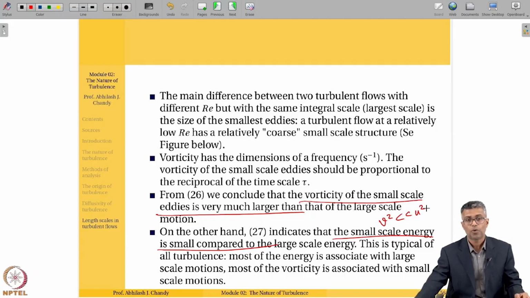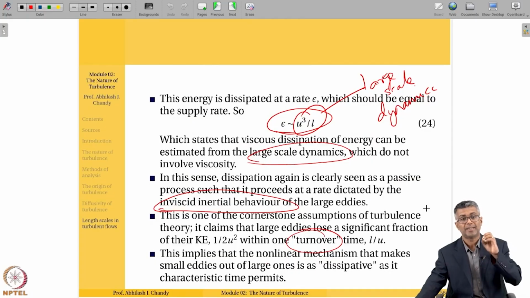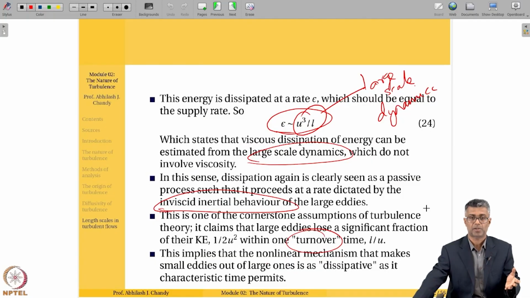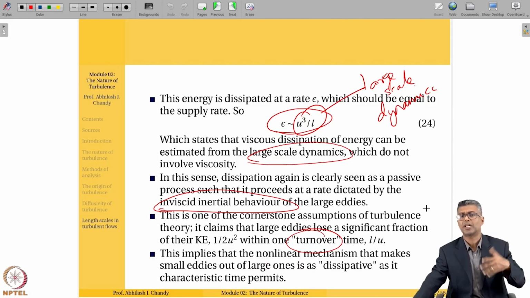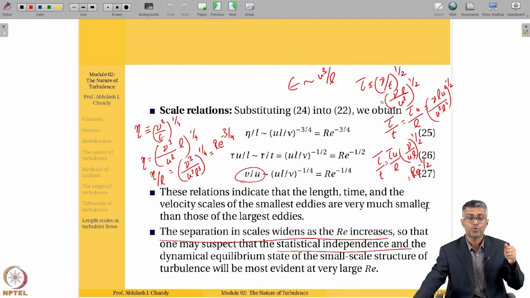So in this class, what we have done is we have actually looked at dissipation and related it to the large scale dynamics. And that is what we meant by an inviscid estimate of that. We did that by taking the kinetic energy estimate and dividing it by the time scale, so you got U cube over L. Then we derived a set of scale relations using the Kolmogorov equations and substituting the relationship of dissipation rate to large scale dynamics.